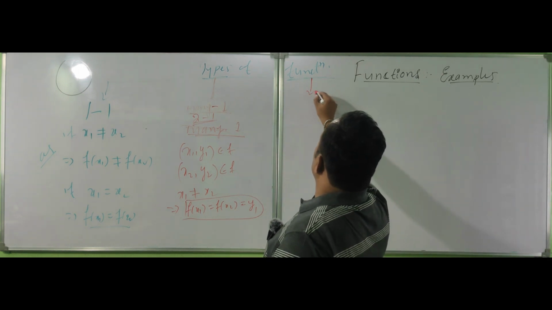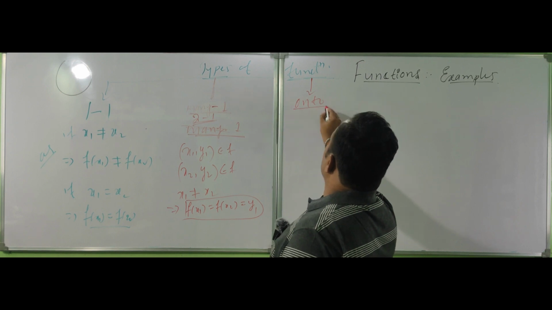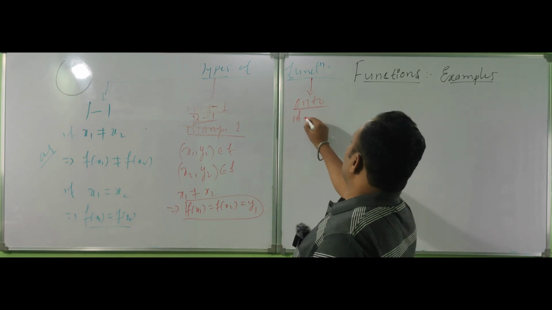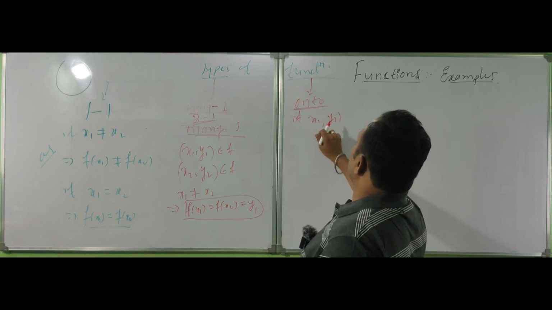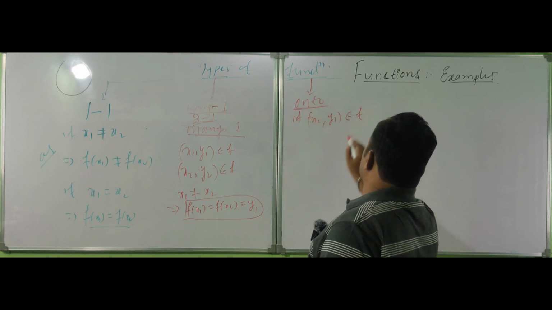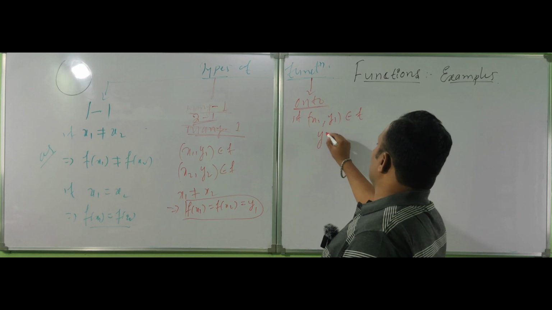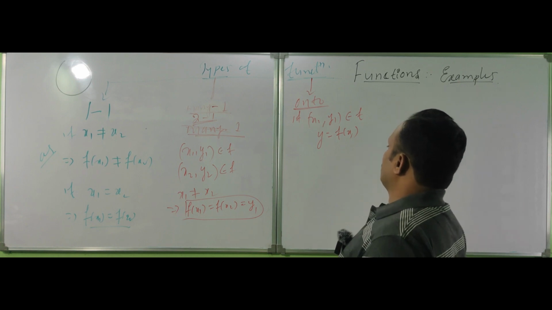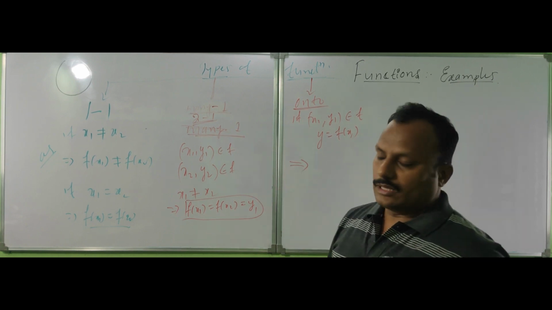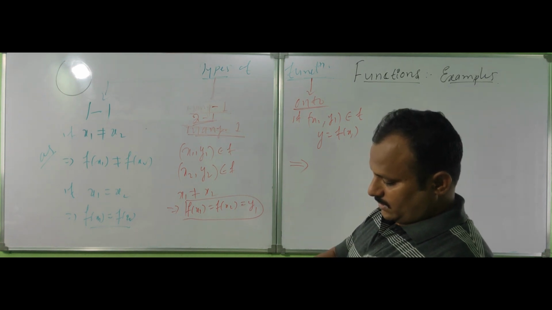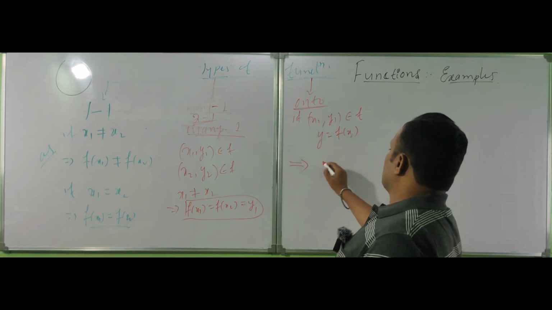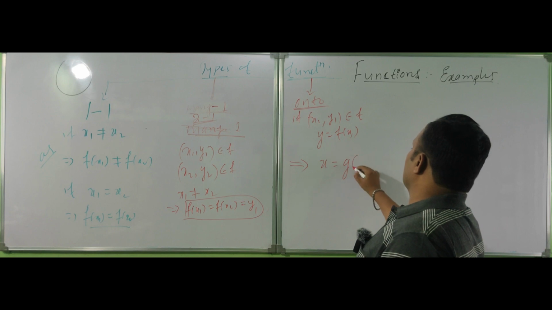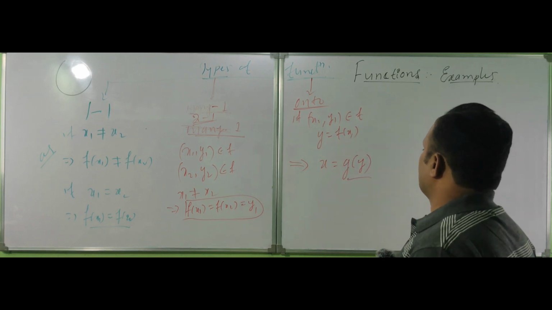Onto, you know, this is very important. Onto function: if x1, y1 belongs to f and y is equal to f of x1, this implies that x is equal to another function g of y.